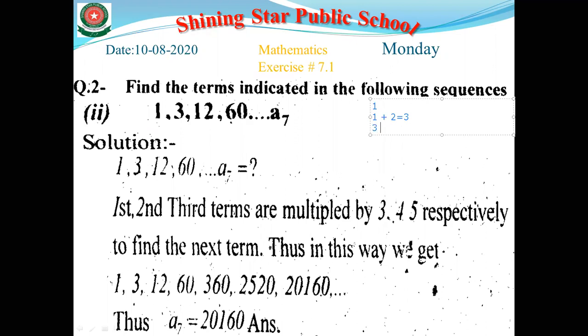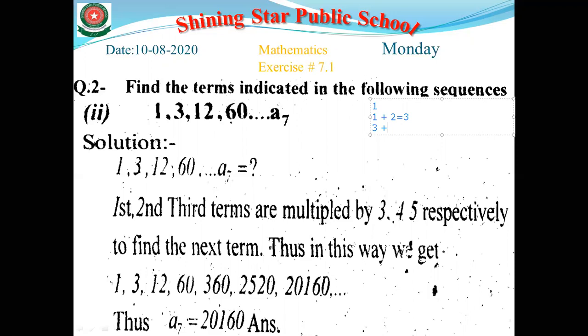Now 3 plus 9 is 12, and 12 plus 48 is 60.